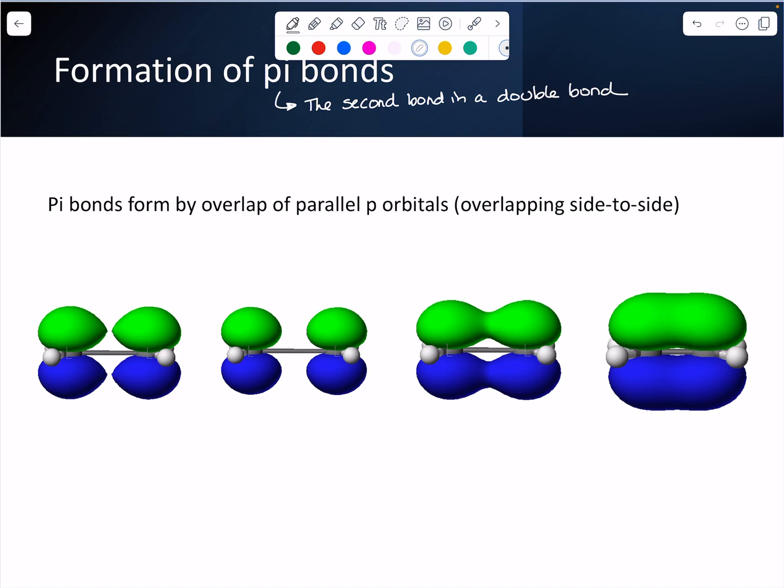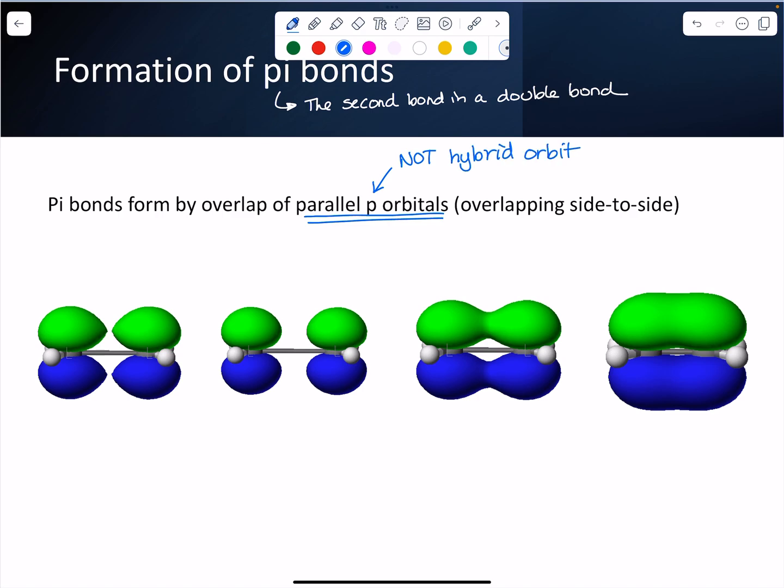The first single bond is going to be that sigma bond. With pi bonds, the way that they form is by overlap of parallel p orbitals. These are not hybrid orbitals; they're just your regular p orbitals.